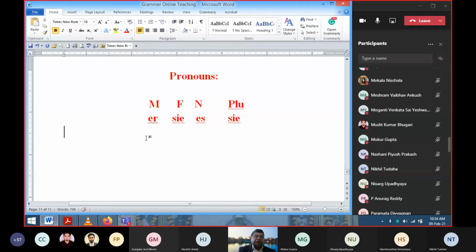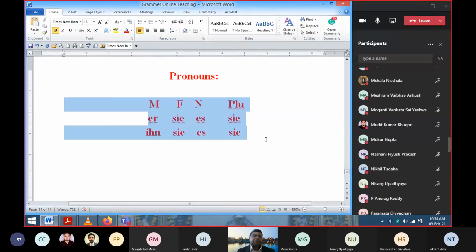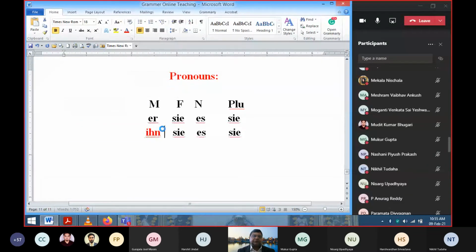On the article pattern only, change will be there. These pronouns also go subject and object, direct object, indirect object on the same pattern. What I am writing here, then I will explain.